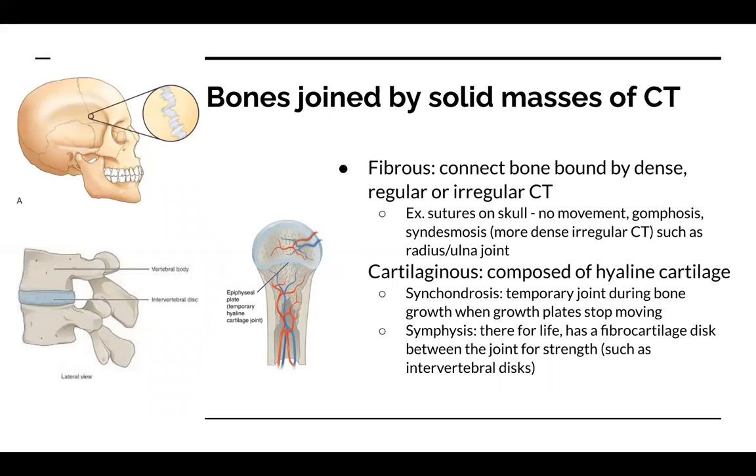Symphysis is there for life, and it has a fibrocartilage disc in between the joint for strength, such as your intervertebral discs. For example, this is a symphysis joint right here, because this is an intervertebral disc. And this is a synchondrosis joint, because this is temporary cartilage for while you're growing. So these are the types of joints that are joined by solid masses of connective tissue.